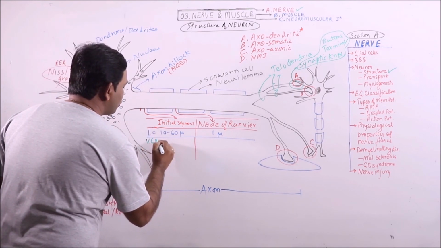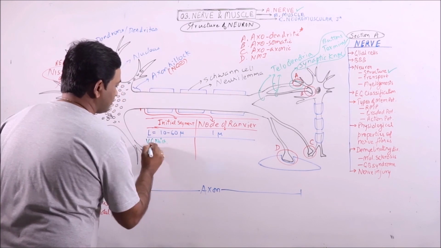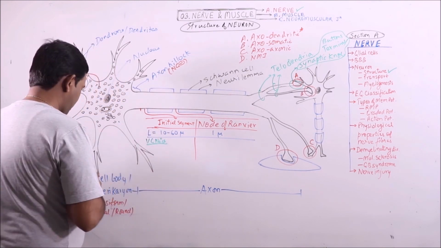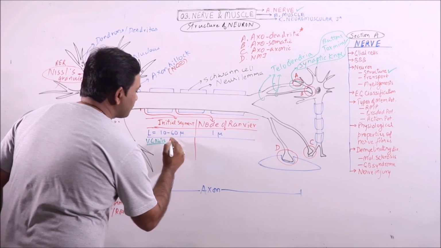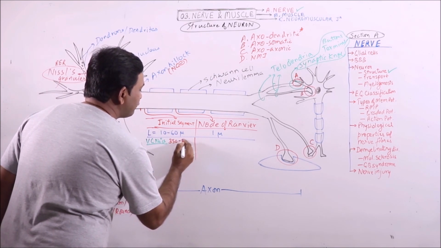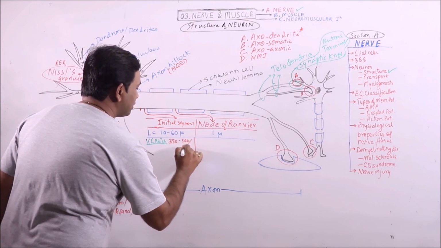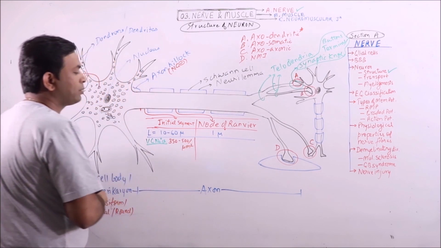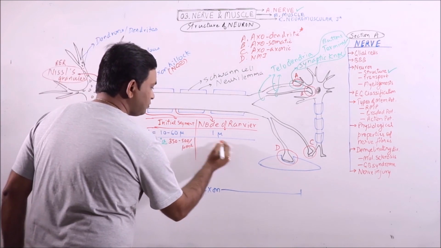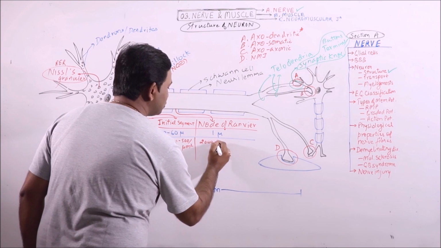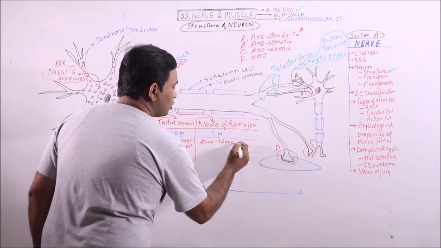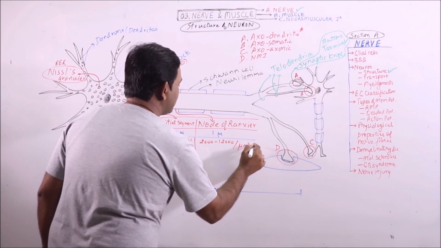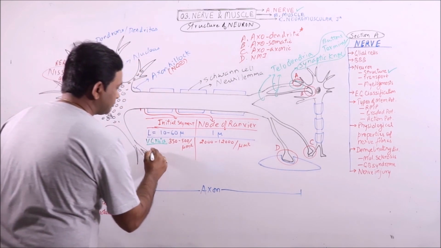Voltage gated sodium channel density is 350 to 500 per square micron, while here it is 2000 to 12,000 per square micron.